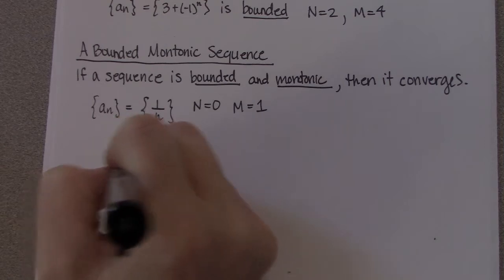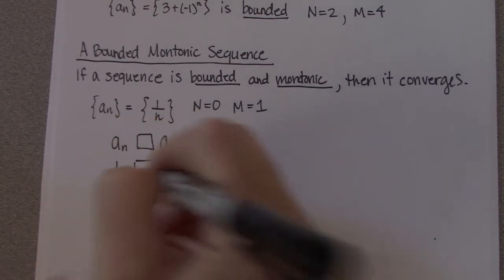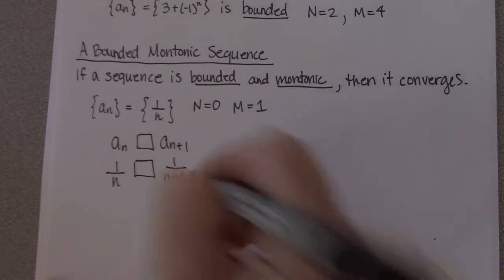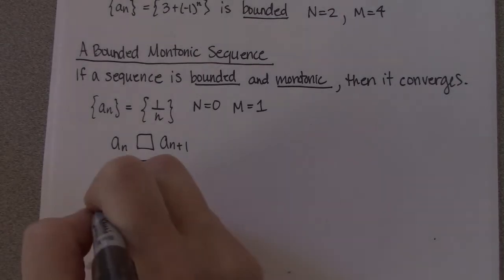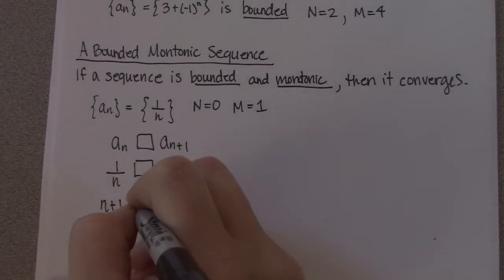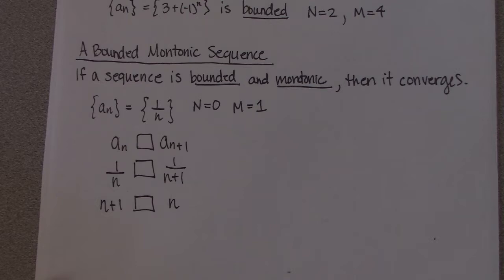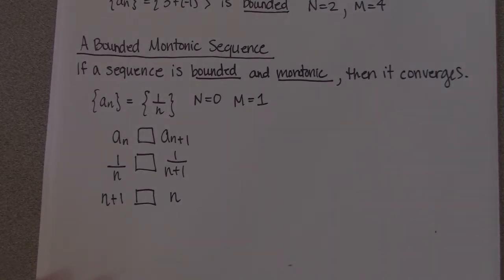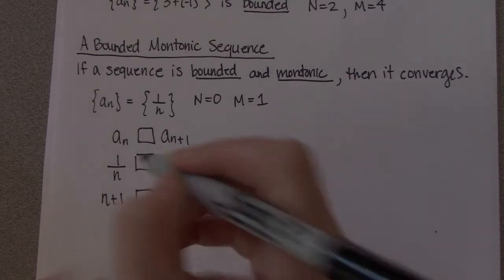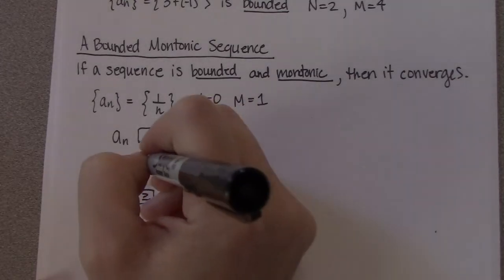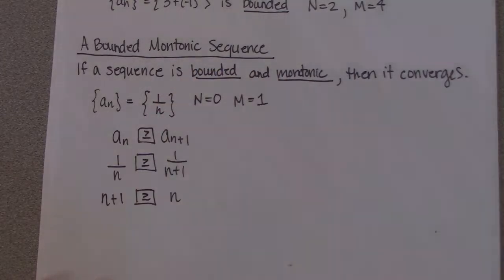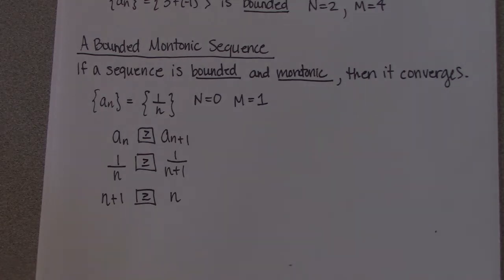So we get 1 over n, 1 over n plus 1. Once again, I'm just going to cross multiply. And clearly, I think we're good here, right? We don't have to go down to 1, 0. Clearly, this thing on the left is greater than the thing on the right.